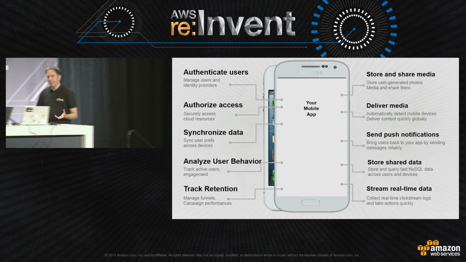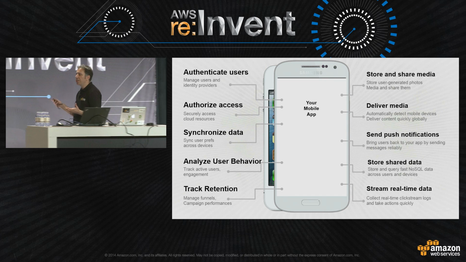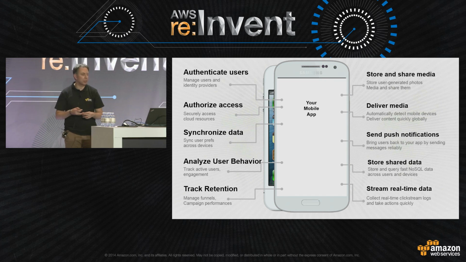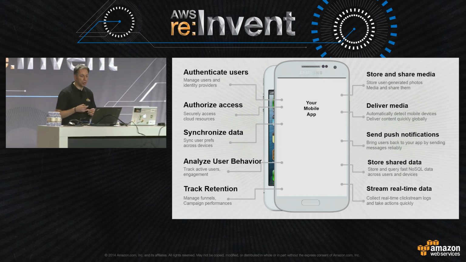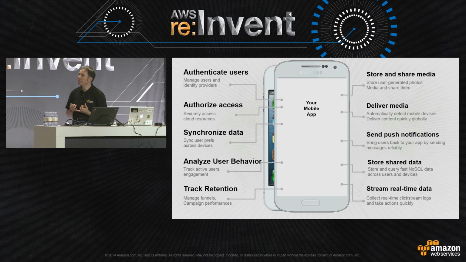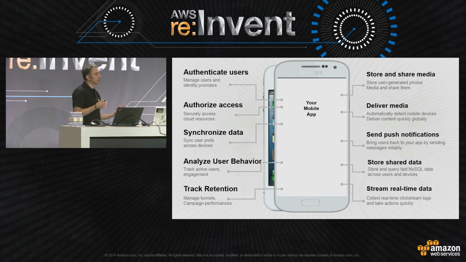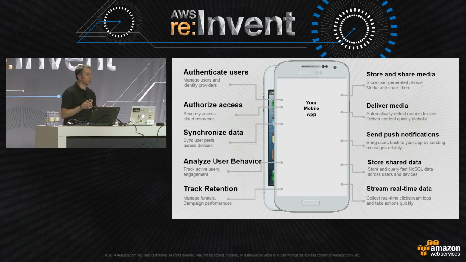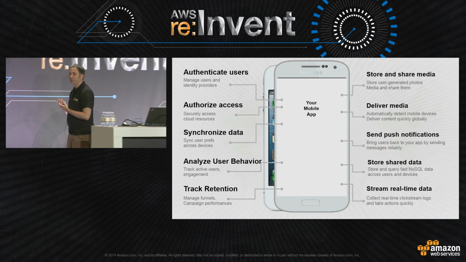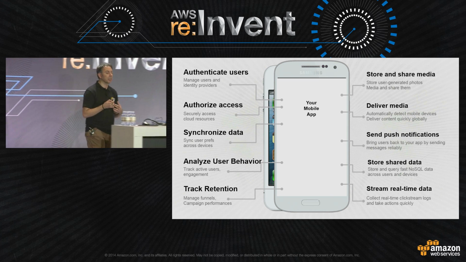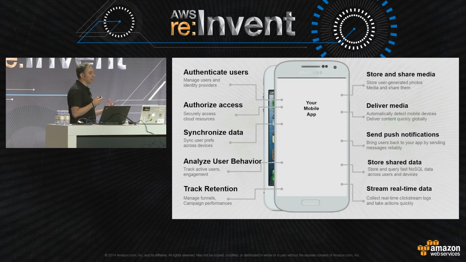These are the most common functionalities that you have to develop when you create a new app. So you need to authenticate your users because the users will need to get a customized experience from your app. Maybe you just need authentication for saving user preferences, but you still need to authenticate them. You need to authorize the access.